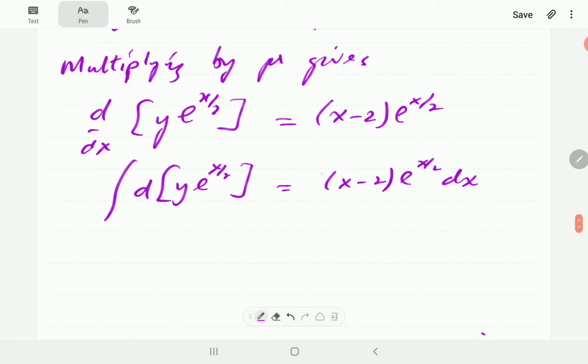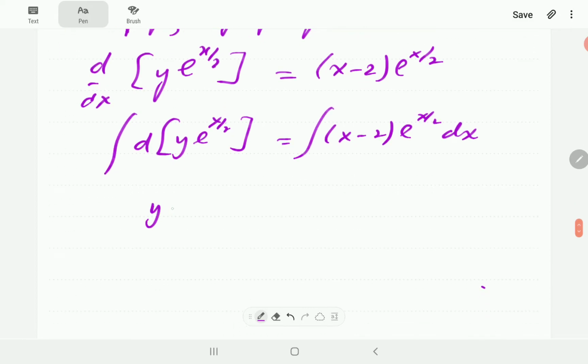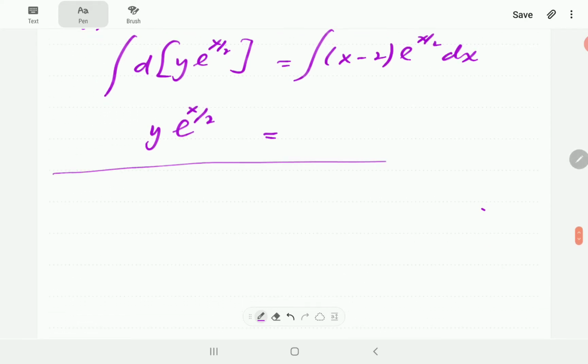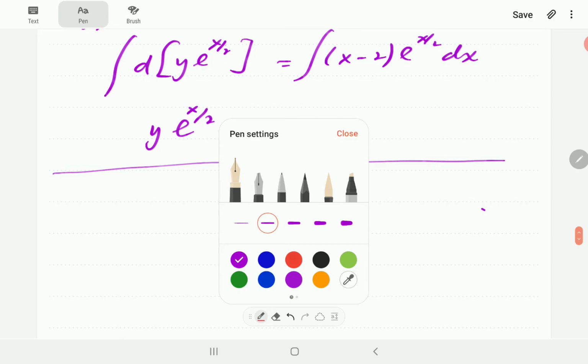Then if we integrate on both sides, the left hand side is going to have y times mu. Okay, then this side, going to have to use tabular integration to evaluate that one, so let's just do that here.